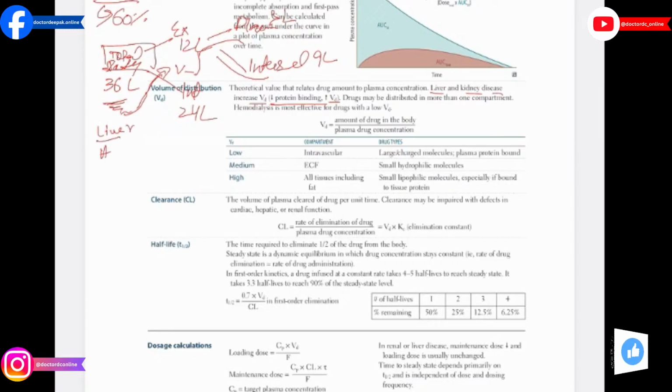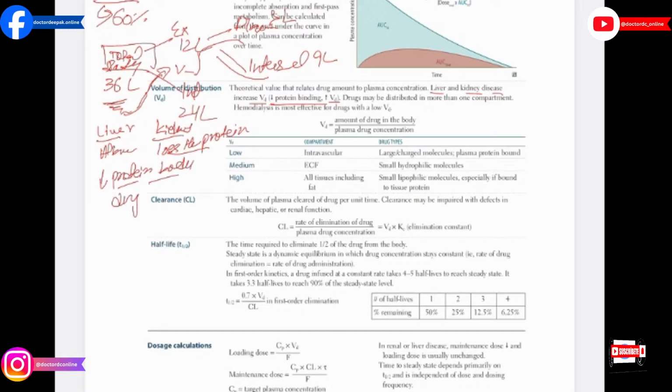The liver makes albumin and other proteins, and in kidney diseases like nephrotic syndrome the patient can lose protein. In those diseases the amount of protein in the body decreases, so the drug will not bind with protein.